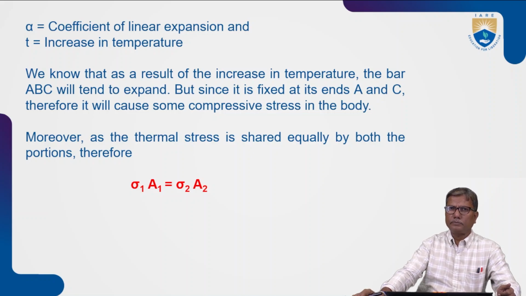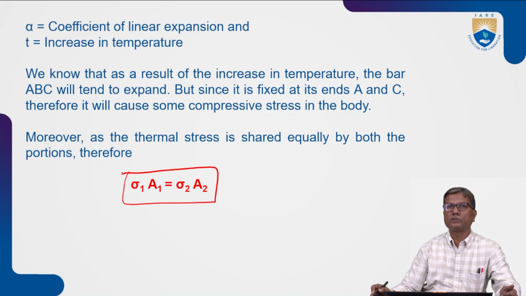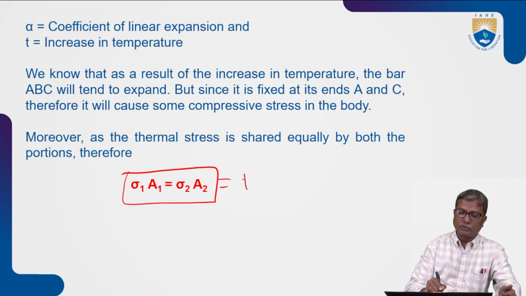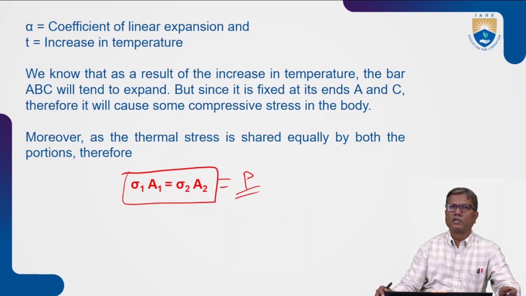Moreover, as the thermal stress is shared equally by both the portions, the condition is sigma 1 A1 is equal to sigma 2 A2, that is equal to the force P. P is same. So sigma 1 A1 equal to P and sigma 2 A2 is also equal to P. Understand?